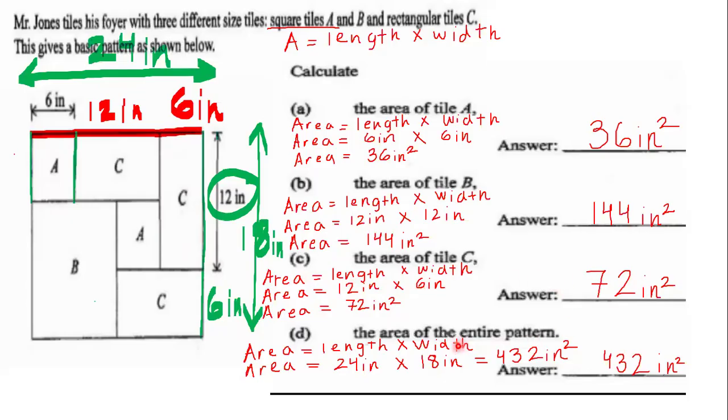To find the area of the entire pattern, we add up the top: 6, 12, and 6 gives us 24. Then down the side, 12 and 6 is 18. So 24 times 18 is 432 inches squared, and that's the answer.